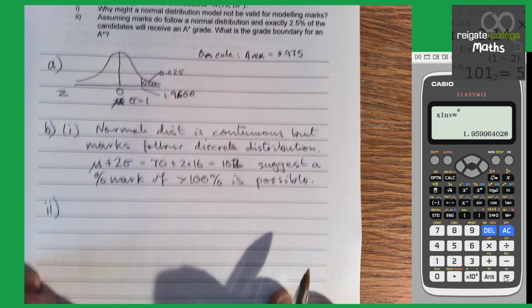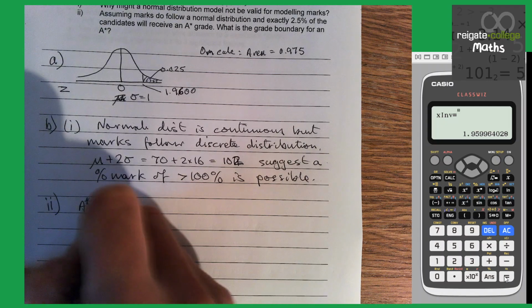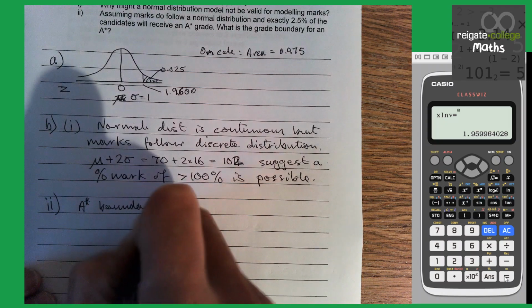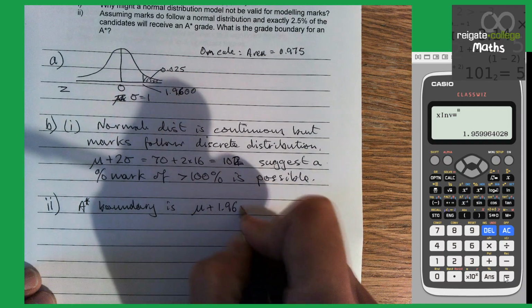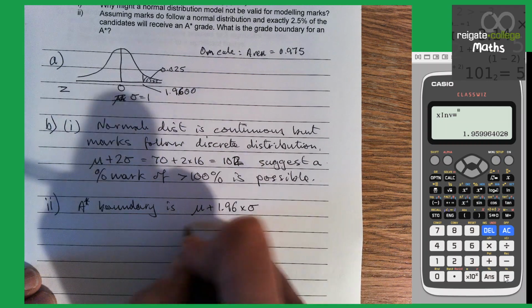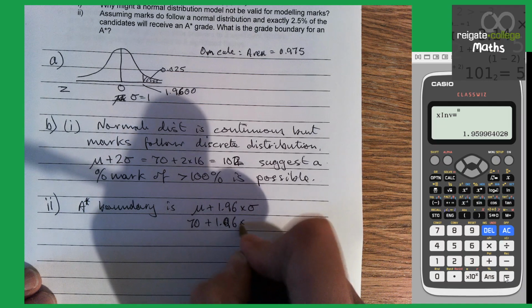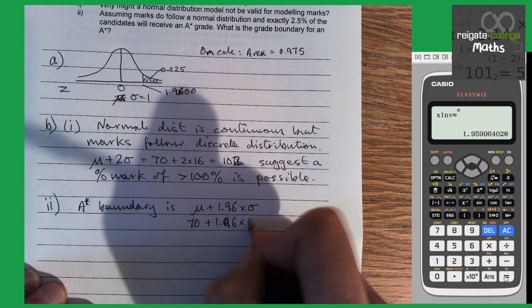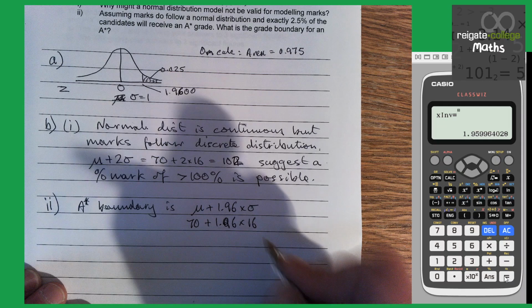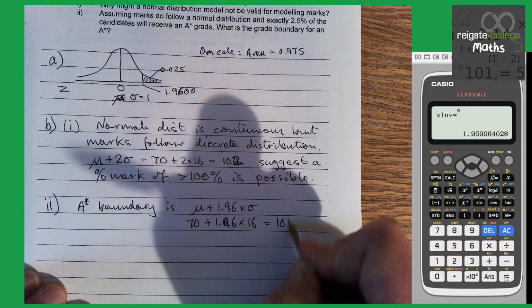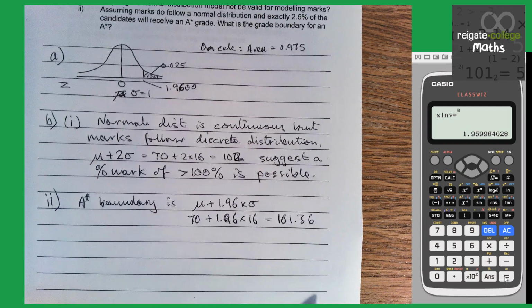So we can say now that A star boundary is mu plus 1.96 times sigma, which is 70 plus 1.96 times 16, and that comes out to be 101.36.